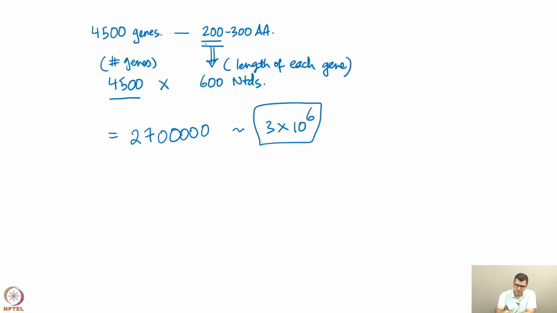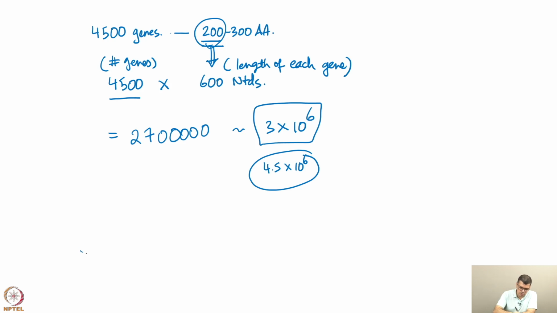We have taken the average gene length as 200, it is perhaps a little more, it is about 250, which tells me that in the E. coli genome, which is about 4.5 into 10 power 6, a large part of this genome is only comprised of regions which actually get transcribed and translated into proteins.